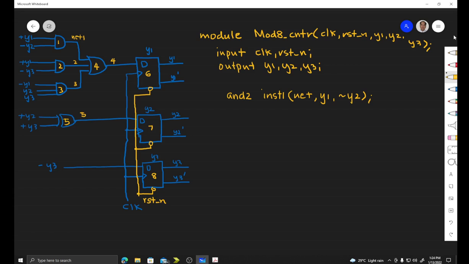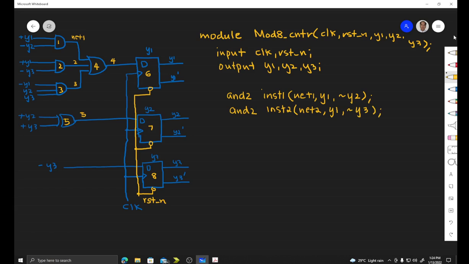Next we have our second component, which is also a 2-input AND gate. We instantiate our second component with the output net 2, and inputs Y1 and not Y3.